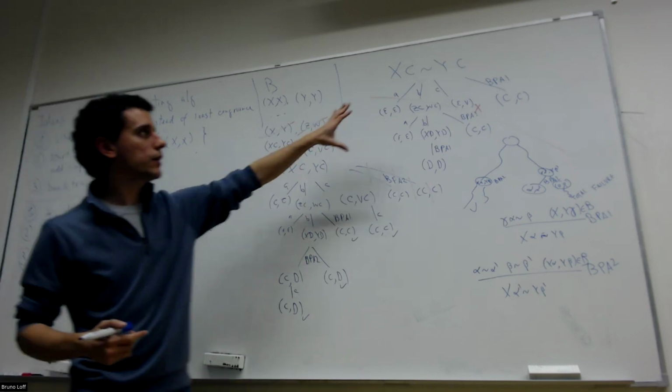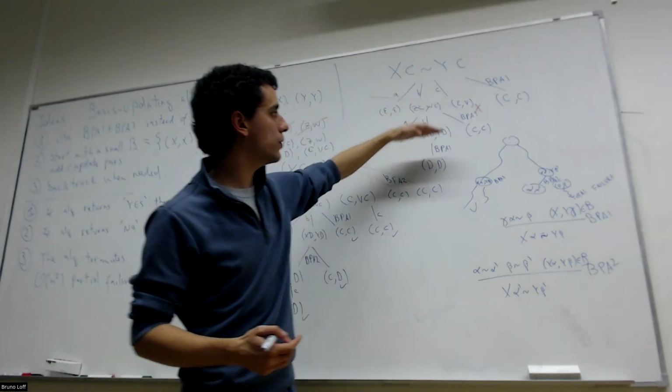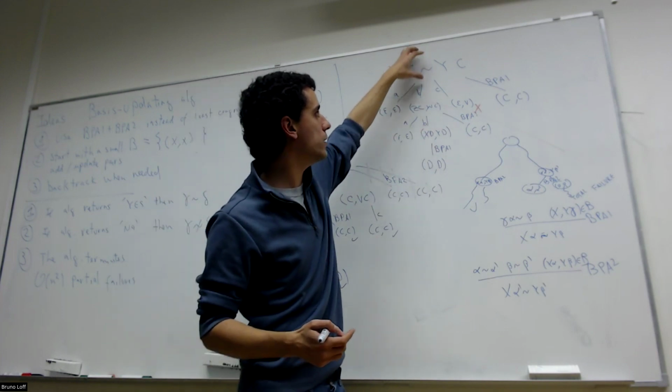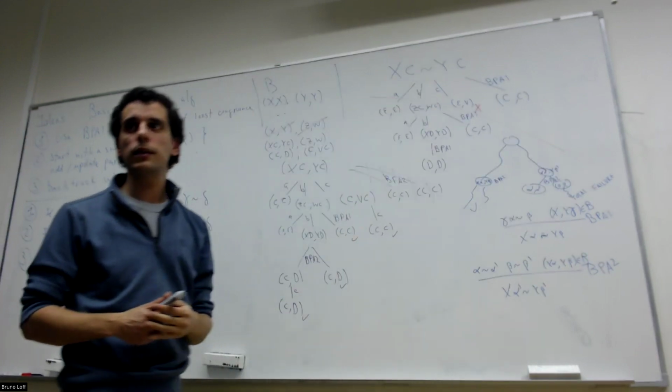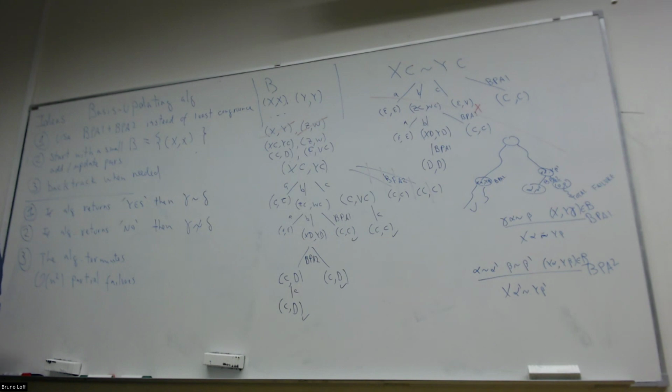Like here, between the start and the first partial failure, I added 2 nodes. Okay. So because at each point you only have one pair in the basis for each xy, the number of increments is also O(n squared). So this means that you have at most O(n to the 4) changes to B. Okay? Because you have at most n squared partial failures, and between any two partial failures you have at most n squared additions.